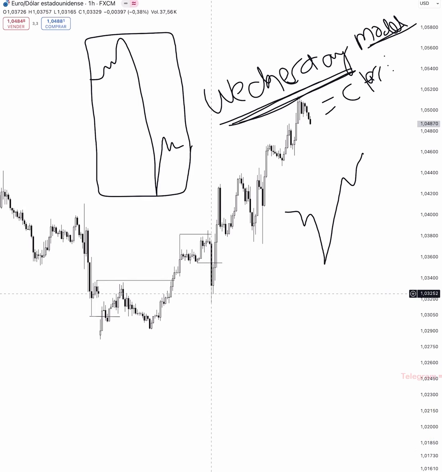The entry model is not the most important thing when it comes to placing trades. It's not. I don't care who tells you it is. I don't care how many times you see it on social media. It simply is not that important.